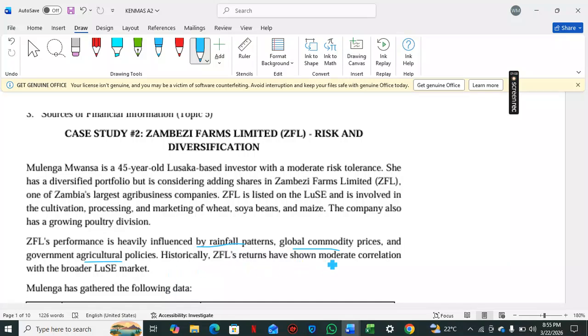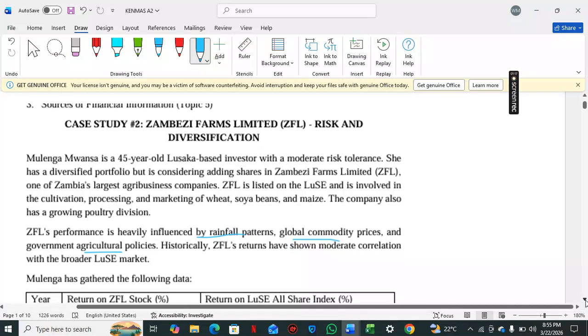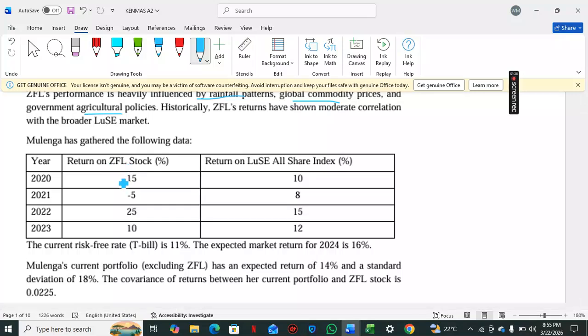Historically, ZFL's returns have shown moderate correlation with the broader Lusaka Securities Exchange market. Mulenga has gathered the following data. In 2020, the return on the ZFL stock was 15%, and the return on the Lusaka All Share Index was 10%.